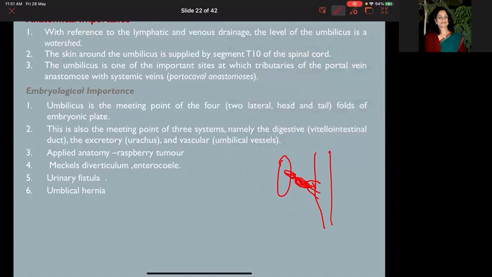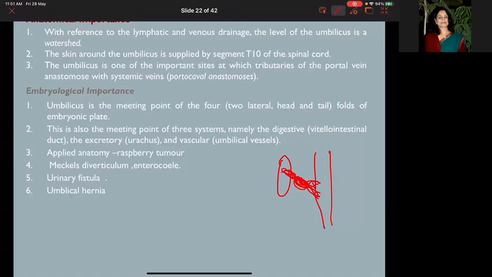And thus these are of importance in life. So, this one is enterocele. There may be a raspberry tumor and a Meckel's diverticulum because of a persistent duct. This is Meckel's diverticulum persistent, this is enterocele, and this is raspberry tumor.